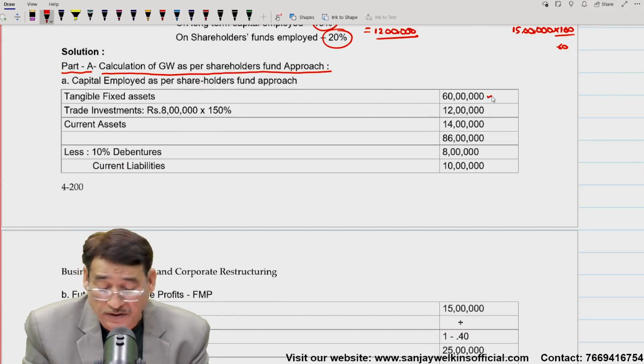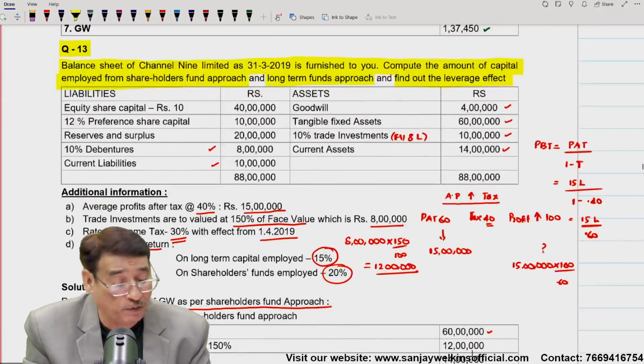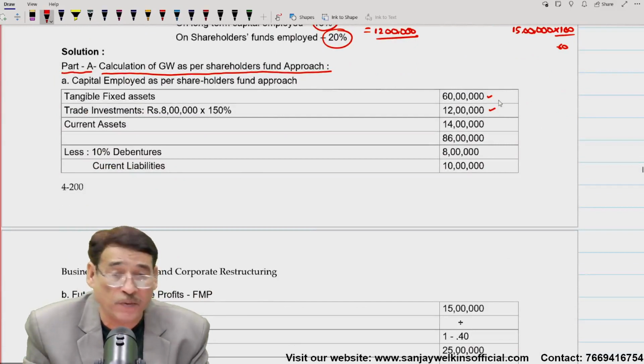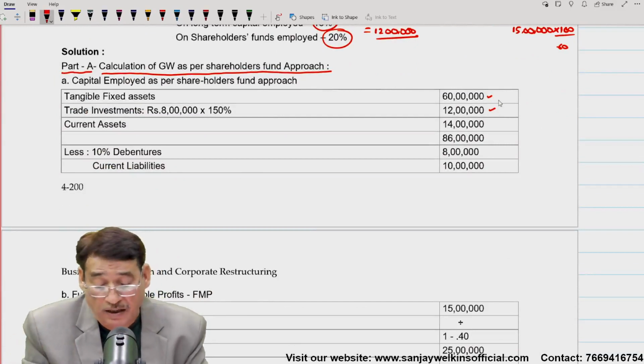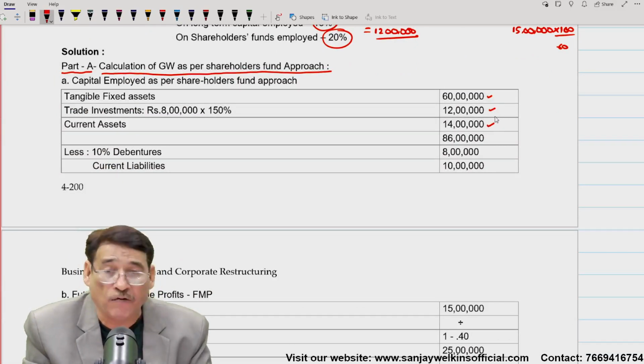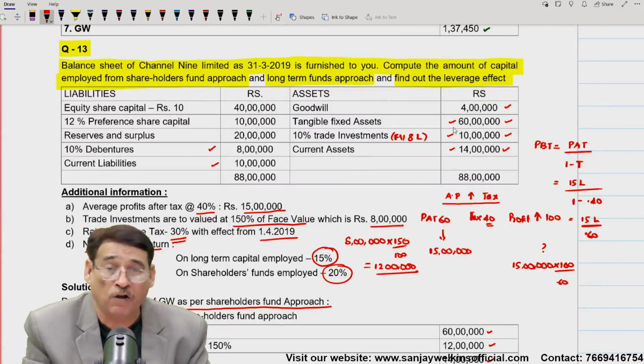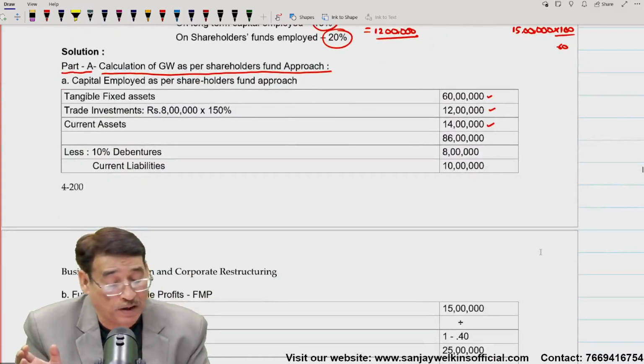Tangible fixed assets are given in the question as 60 lakh, so we will consider 60 lakh. Goodwill will not be taken into account. I have already told you. I just told you the value of investment has gone up to 12 lakh, and current asset is equal to 14 lakh. Current asset we will consider 14 lakh, and in this question trade investments are also being considered, but these will be considered at 12 lakh.